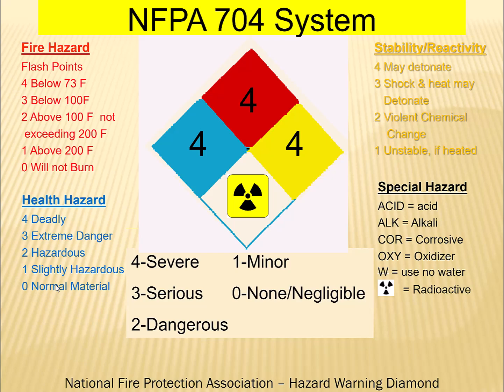That means right around all of us, all the time, it's always flammable. You've got enough vapors coming off, so that's more dangerous than, let's say, number one, where you've got to heat it up above 200 degrees before you have to worry about vapors coming off of it. That's less dangerous. You see how that works. A lower flash point means it's more dangerous.